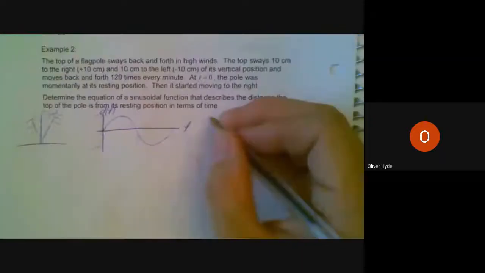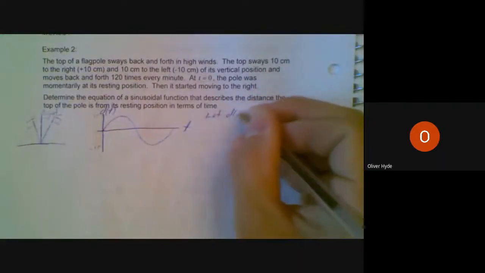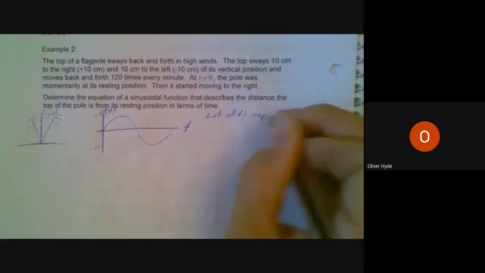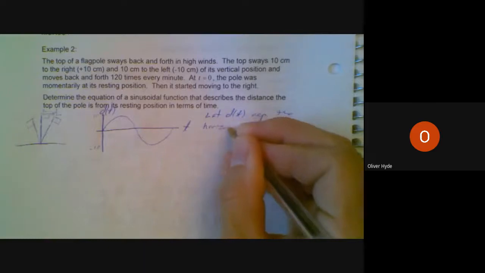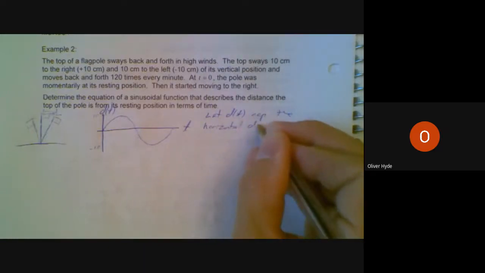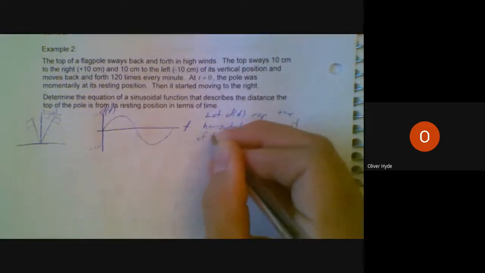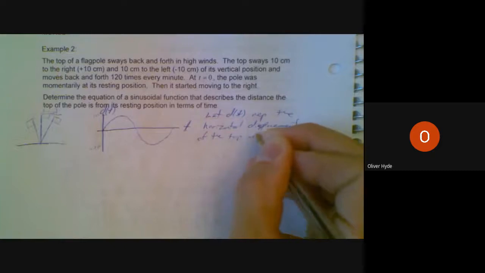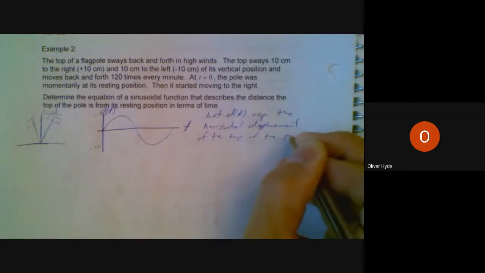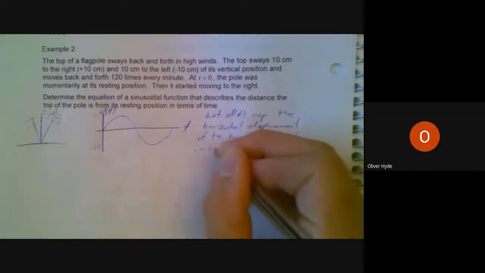Declaring our variables should tidy this up a little bit. Let d of t represent the horizontal displacement of the top of the pole in centimeters.